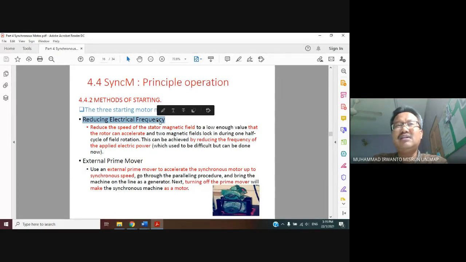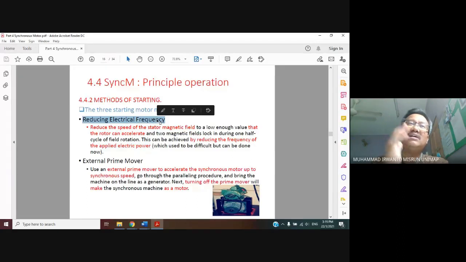Why? From the formula, we can see that the relationship between Ns and F is proportional, meaning if the frequency increases, the synchronous speed or mechanical speed will also increase.